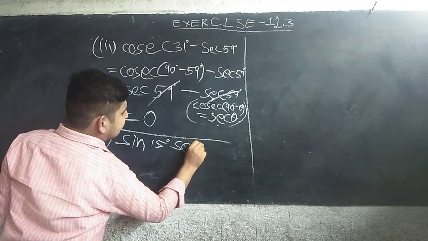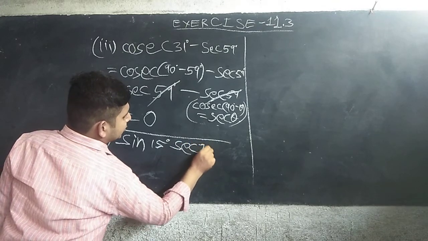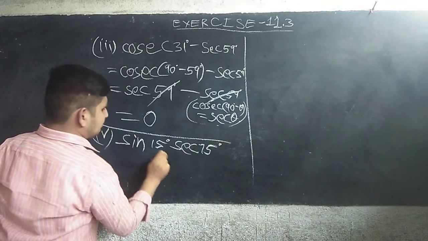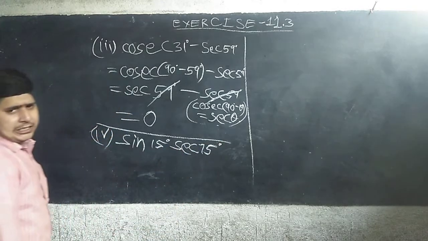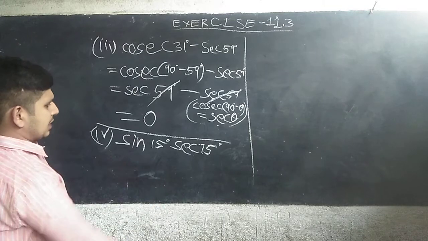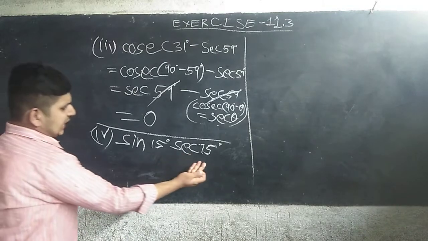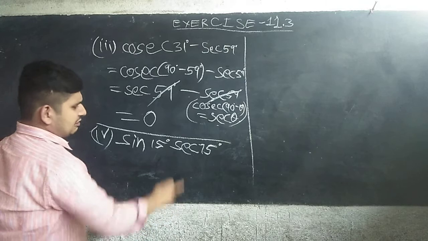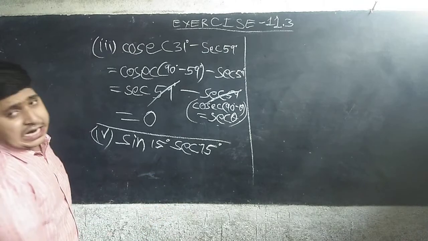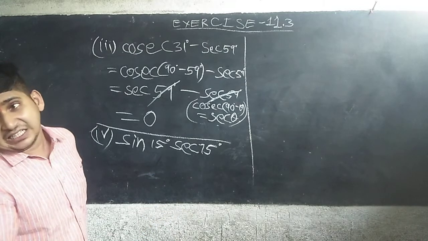Now 15 plus 75 equal to 90, so we change any one angle. Let us change the angle 75 degrees. So 75 degrees can be written as 90 minus 15.